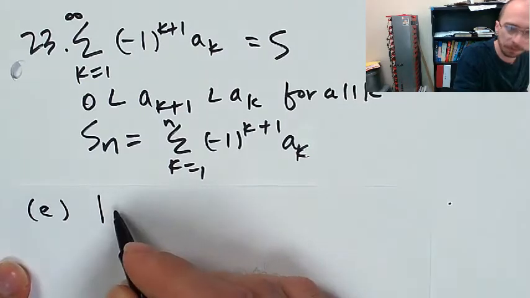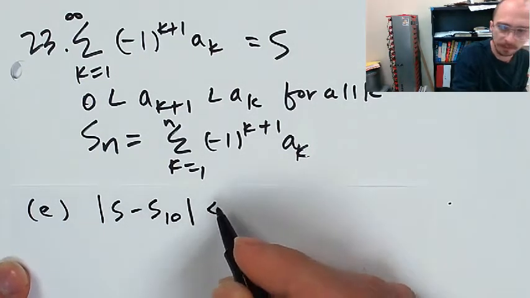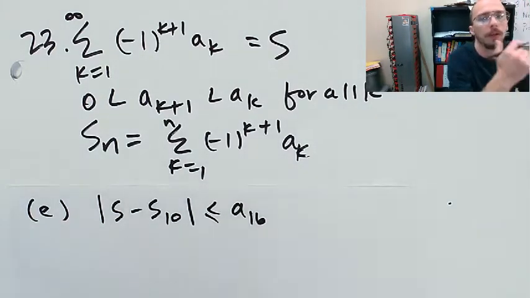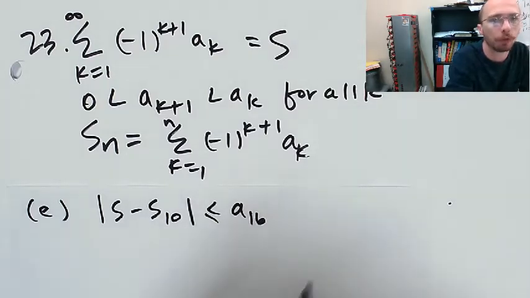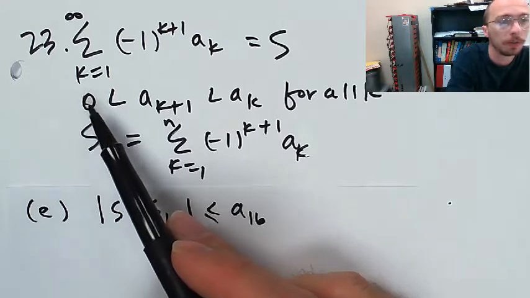E. The absolute value of the difference between S and S10 is less than or equal to A16. Okay, I think this is probably false. This is, again, almost never true. I can think of one that would be, well, no, this is never true, because the terms are decreasing, but they are continuing to be positive.